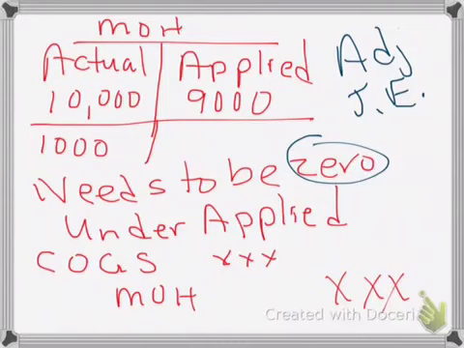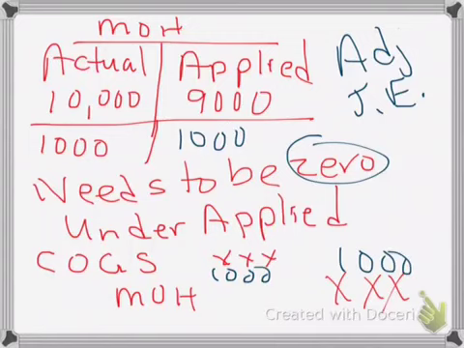In this case, we are underapplied because our actual overhead is $10,000 and our applied is $9,000, so we haven't applied enough using our estimates. So we have to make a journal entry to even this out. I want this to go to the $1,000, and that way I zero out like I need to. So cost of goods sold would be the debit, manufacturing overhead would be the credit.